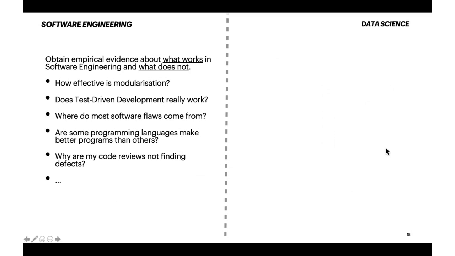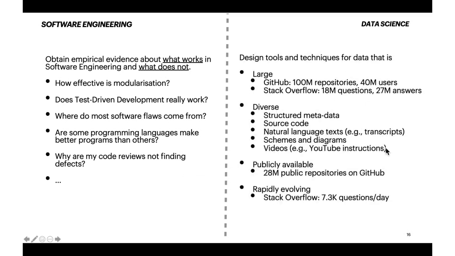From the perspective of data science, the application of data science to software engineering is quite interesting because it is an opportunity to design tools and techniques for data which is reasonably large. Just a couple of examples: GitHub has 100 million repositories and 40 million users.